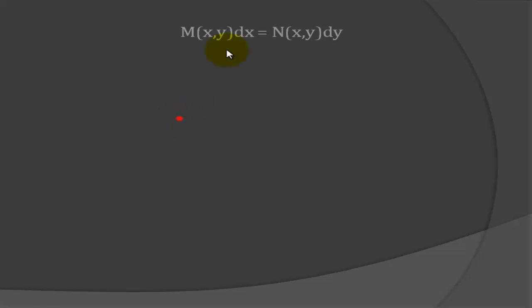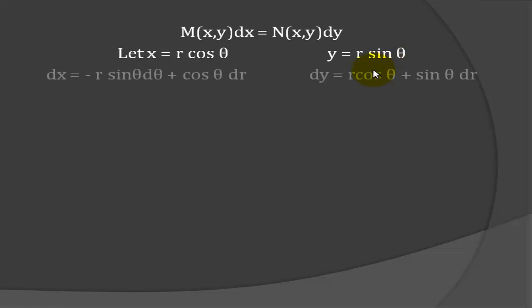Now, you have the general formula for the homogeneous differential equation, which is M(x,y) dx equals N(x,y) dy. Now the problem says that we make this equation into polar coordinates by letting x equal r cosine theta and y equal r sine theta, then substitute the given values.